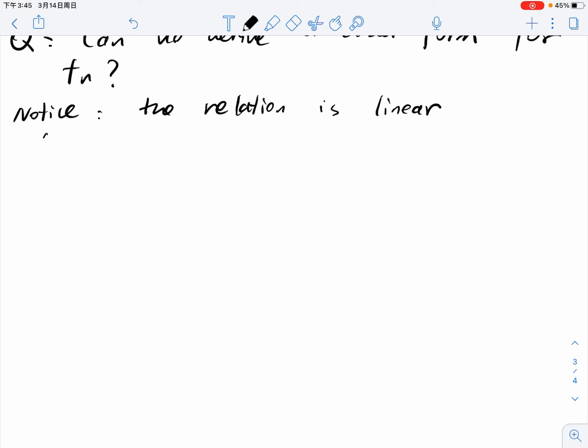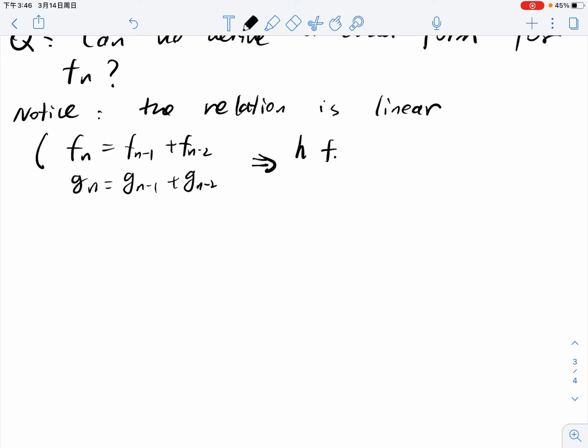In other words, if you have Fn satisfying this relation, and Gn satisfying this relation, then if you define Hn to be the summation of Fn and Gn, okay, let me write Hn on this side, then you can conclude Hn is Hn minus 1 plus Hn minus 2. Linear means you can add your solutions.